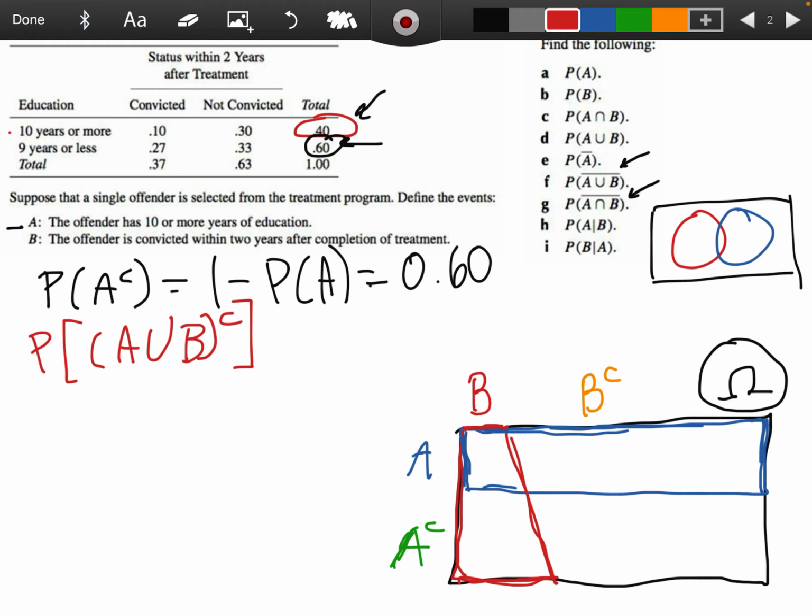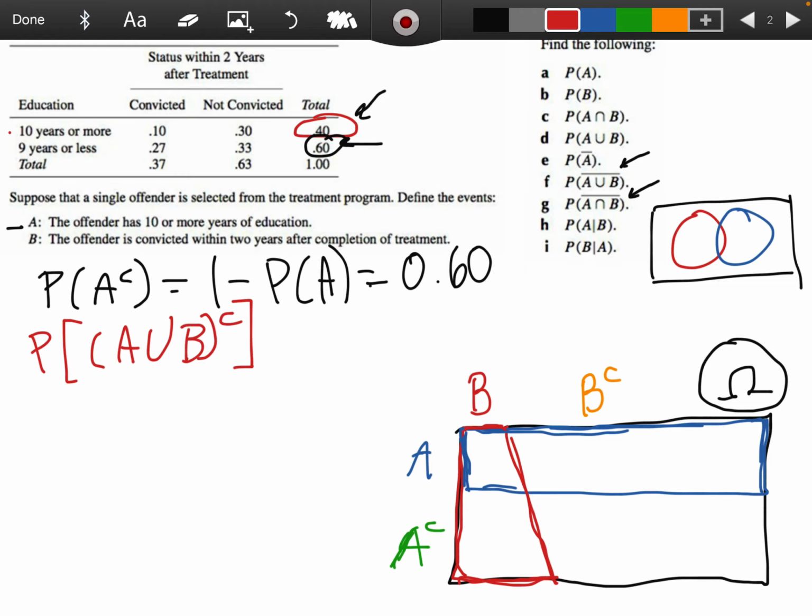If you want to think of it as randomly sampling someone from the treatment program, what's the probability I happen to pick someone who neither had the higher level of education nor was convicted within 2 years of treatment?